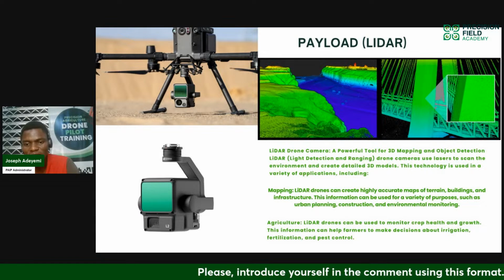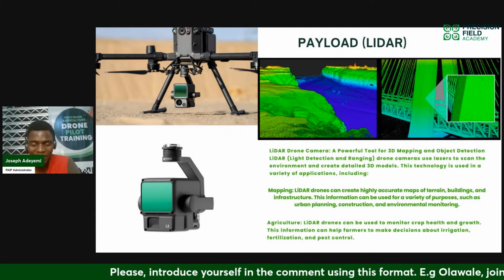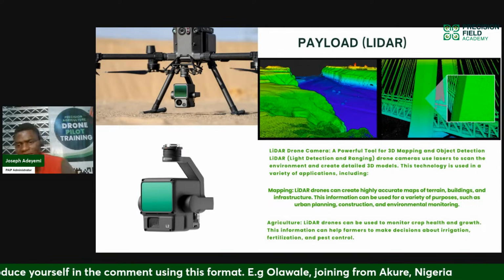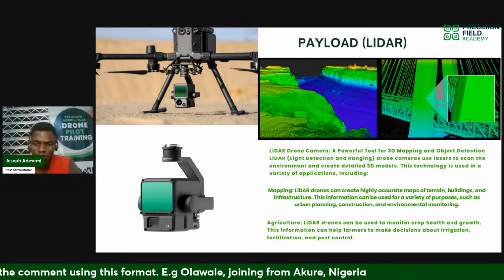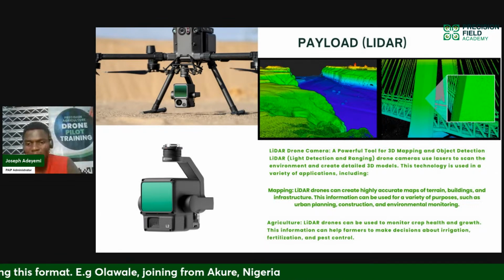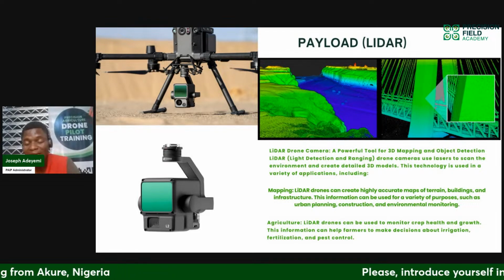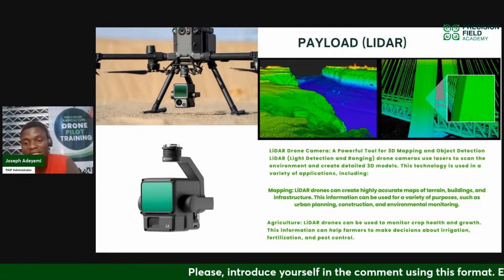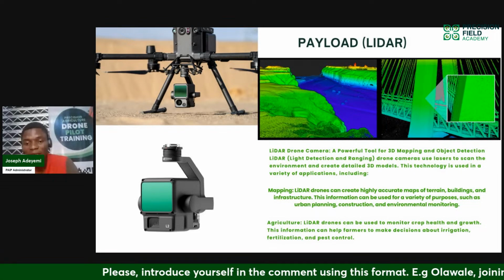This technology has a variety of applications in different fields: in mining, in inspection, even in agriculture. For mining operations, they can be used to do tasks like digital surface model, digital terrain model, digital elevation model.